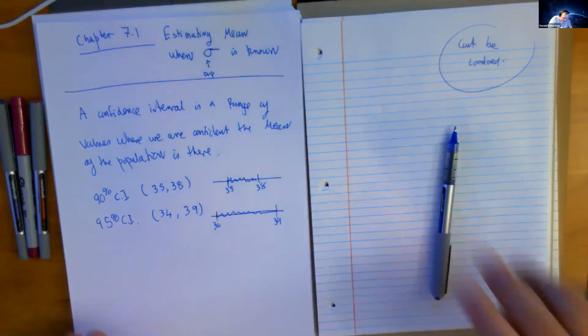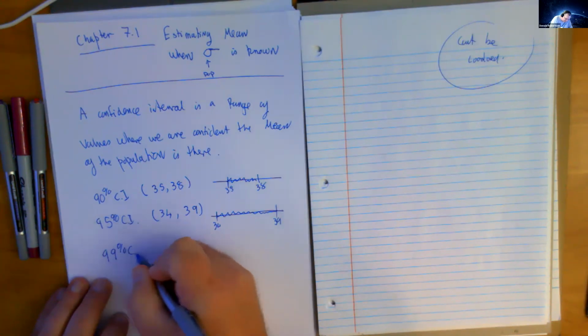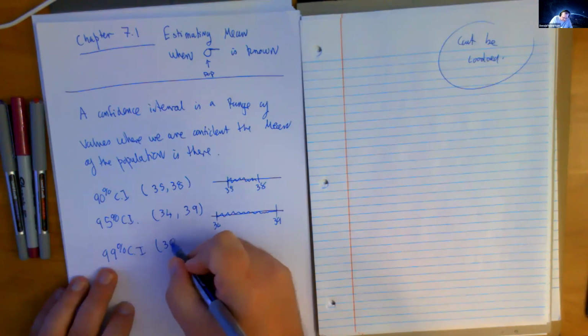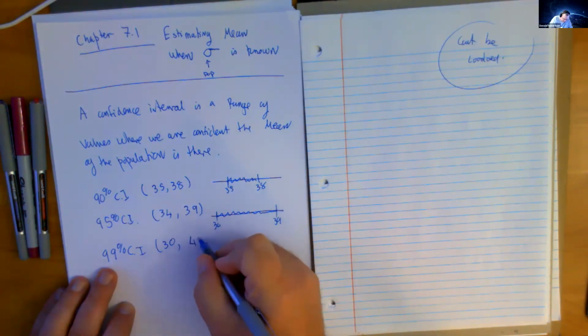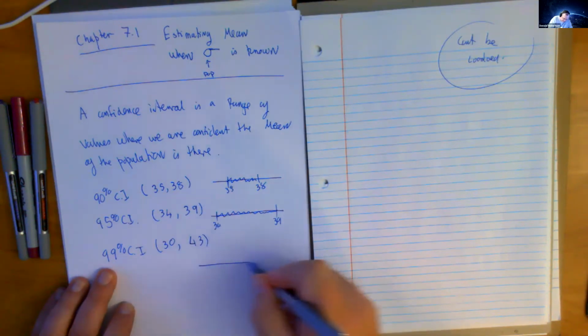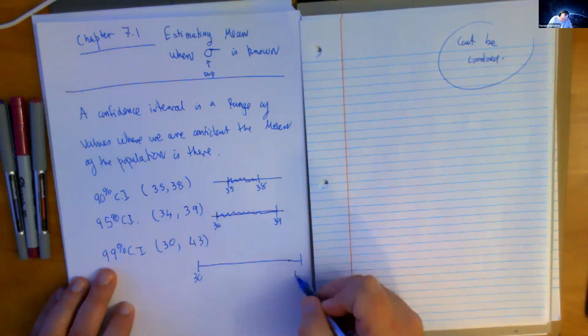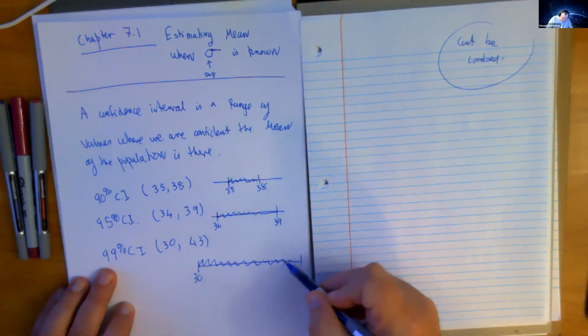Now, there are 3 standard confidence intervals. So imagine I did this last one and it ended up being 30 to 43. Can you imagine in this case, it would be even bigger.